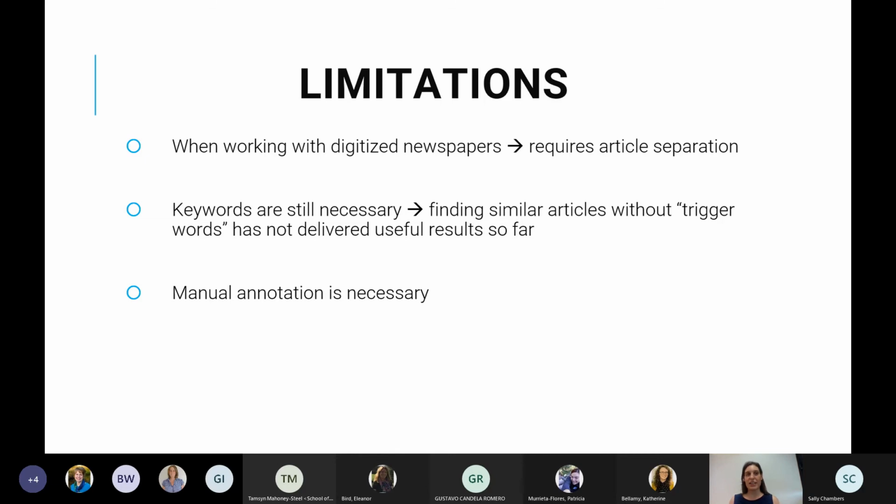But creating this manually annotated corpus is kind of convenient, because it will take you maybe a day to create this corpus, and it will take you months to manually extract thousands of articles. So these were the most important limitations for me. Thank you very much for your attention.